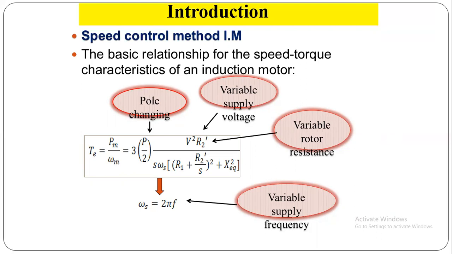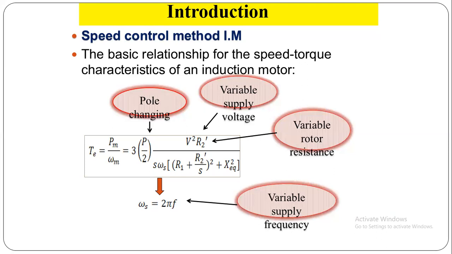The conventional methods, as you know, are the pole changing method, variable supply voltage method, variable rotor resistance, and variable supply frequency. These are all conventional methods that were used earlier.